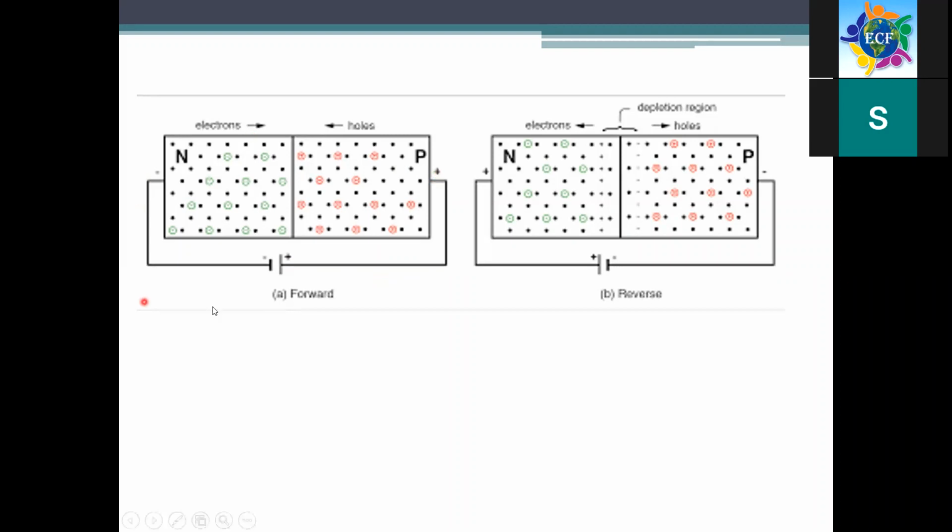So it shows the maximum current through the diode, and in forward bias the resistance of the diode becomes very low and the diode acts as a closed switch.